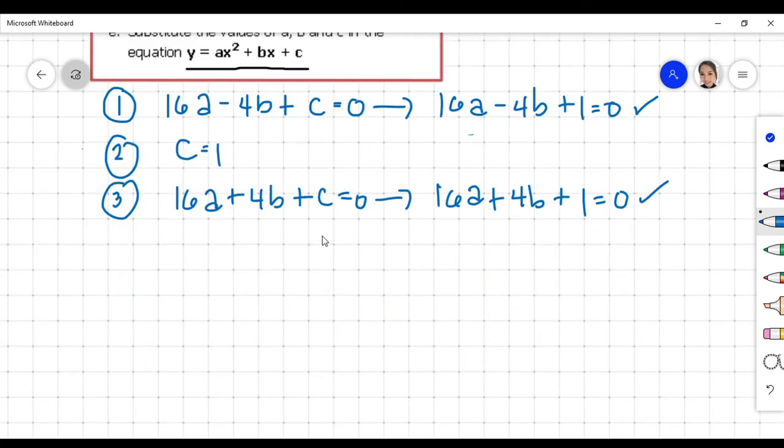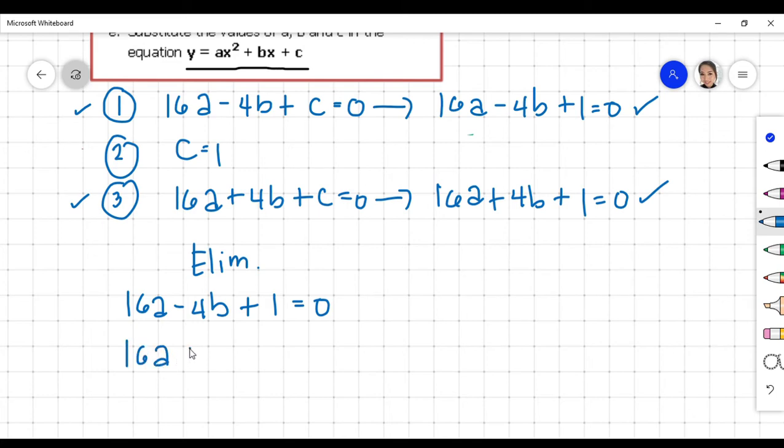Next step, we will do elimination method for equations 1 and 3. So copy 16a minus 4b plus 1 equals 0 and 16a plus 4b plus 1 equals 0.